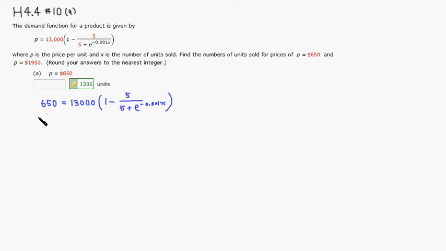First we're going to divide through by 13,000.